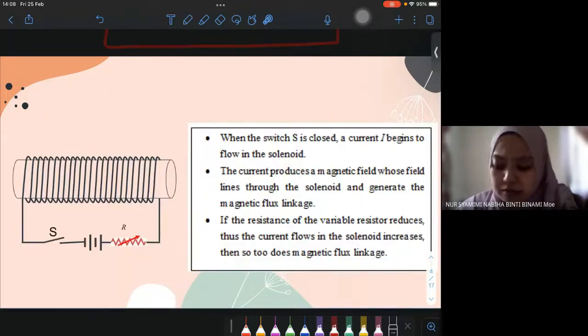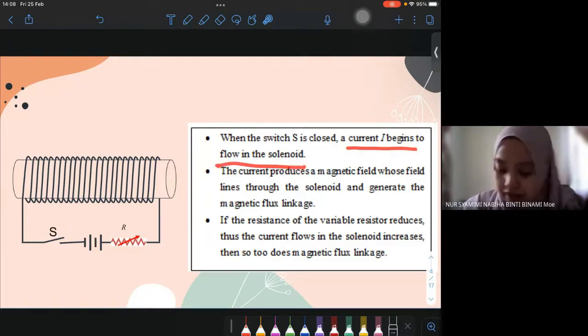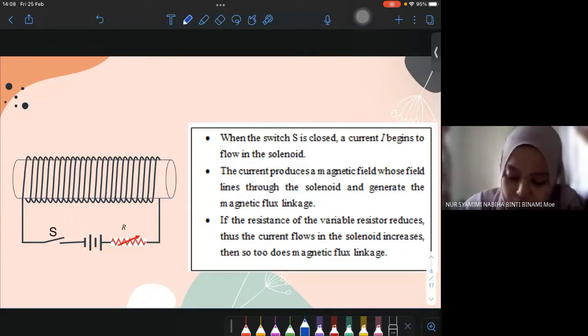Alright. So dekat nota kamu, it said that when the switch S is closed, a current begin to flow in the solenoid. Okay, so kalau switch kamu ini kamu closekan dia dah jadi complete circuit. So bila complete circuit, ada battery dekat sini, negative dan positive terminal.